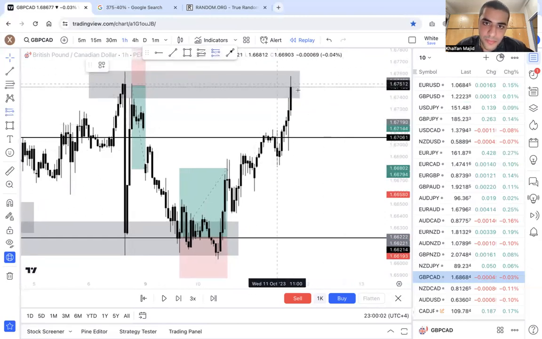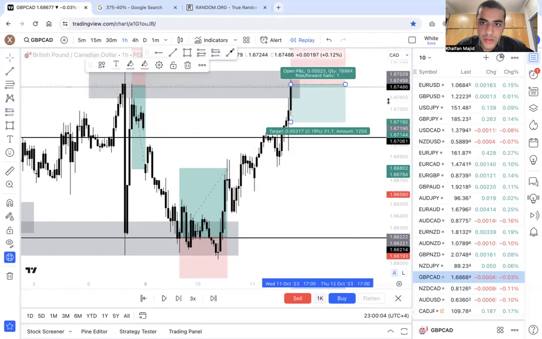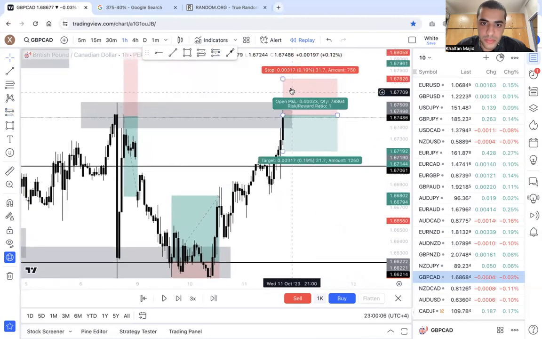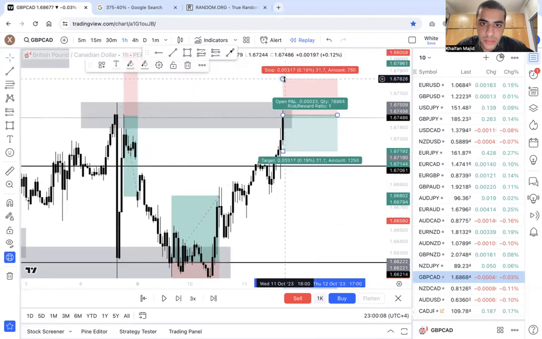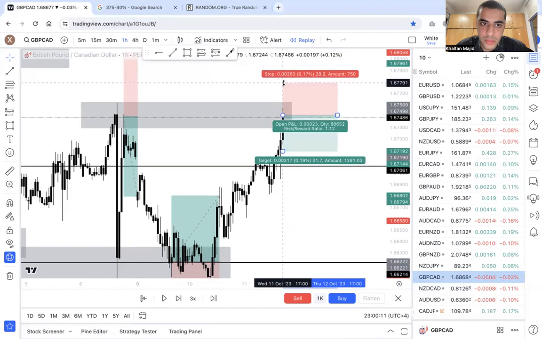Yeah, enter the middle of the zone, a little bit.